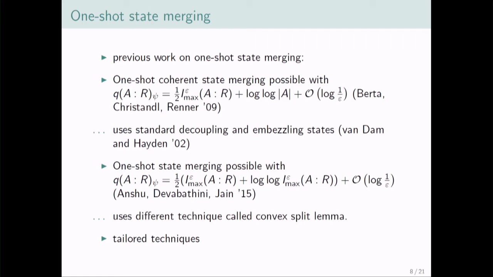So these were basically tailored fixes to the problem that I presented in these quantum Shannon theoretic applications. And now what we were able to do is somehow distill these fixes and unify them into a generalized decoupling paradigm that works in the one-shot setting.